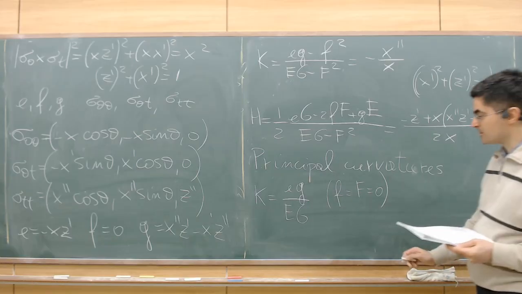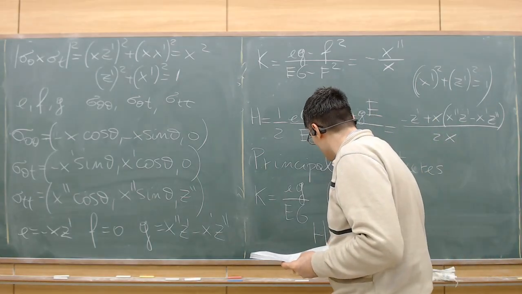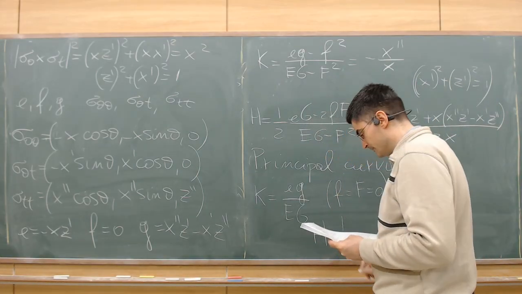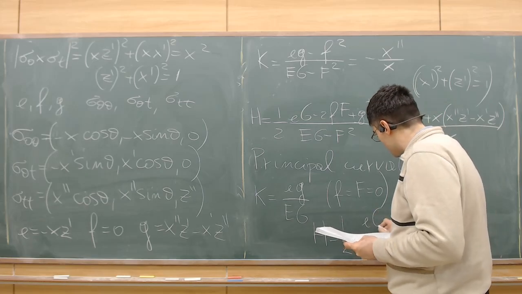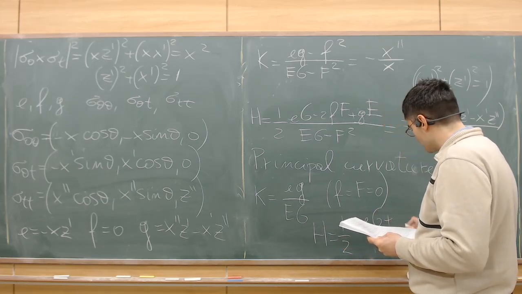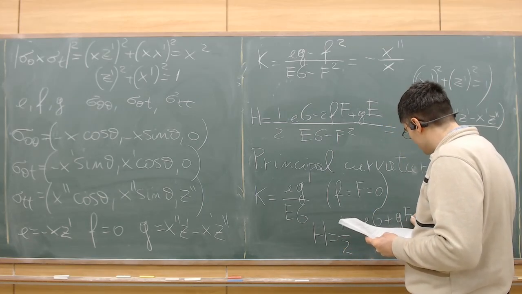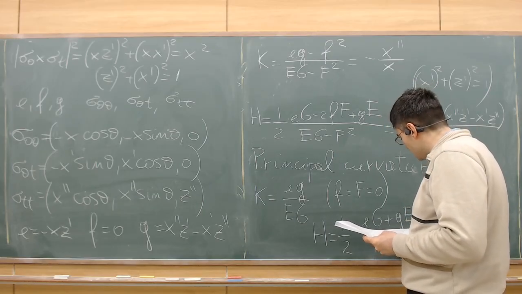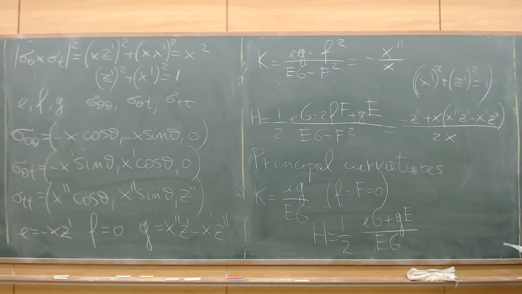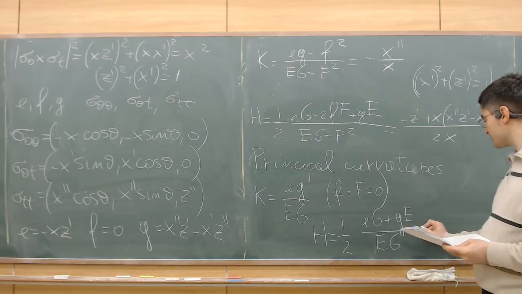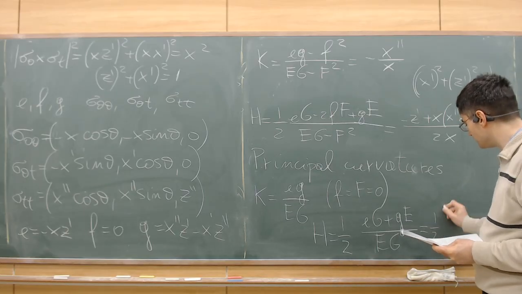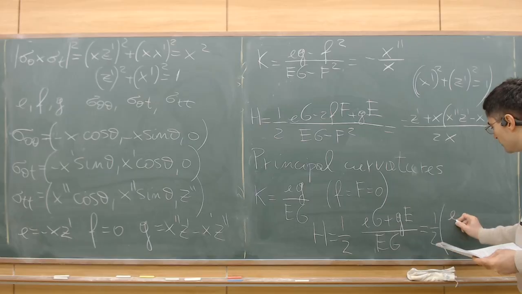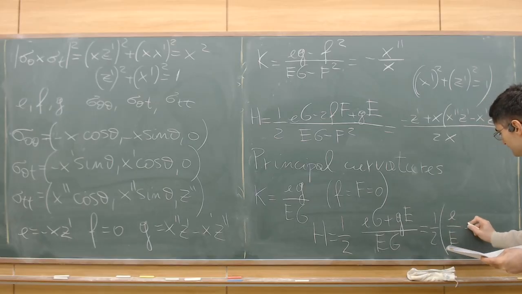And for the same reason, H, the mean curvature, is 1/2 (eG plus Ge) over EG. And this can be written as 1/2 (e over capital E plus g over capital G).